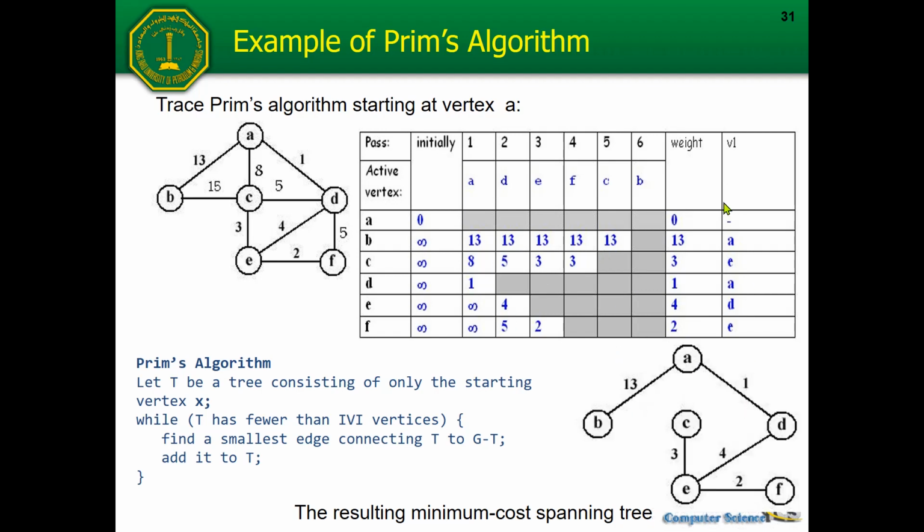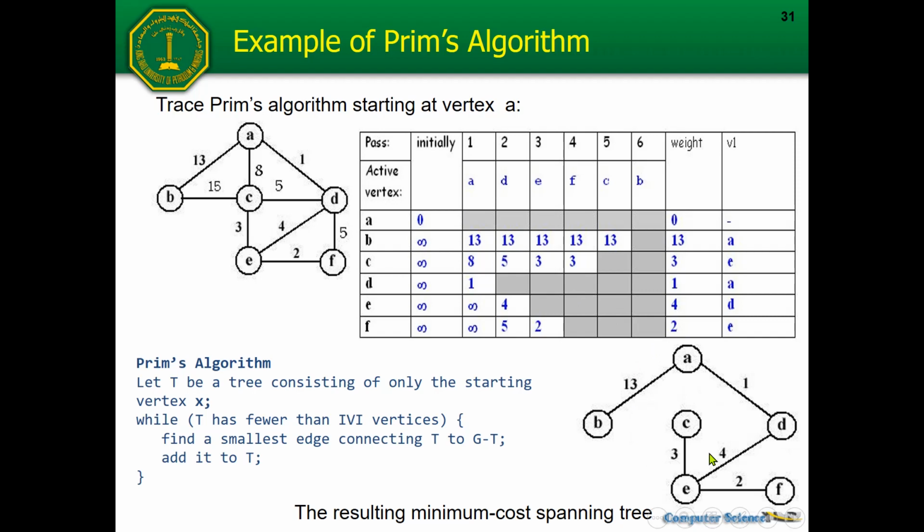Then this will be the output of the algorithm, the output of Prim's algorithm, which is the minimum cost spanning tree for this original graph. This table actually makes Prim's algorithm, which is simple, become complicated. You can see that the output of Prim's algorithm is the minimum cost spanning tree, which is this one. So actually, you do not really need to use this table in order to derive the minimum cost spanning tree.